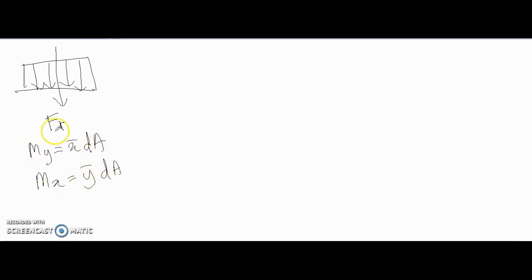So we can use this concept to define our present topic, which is center of gravity.